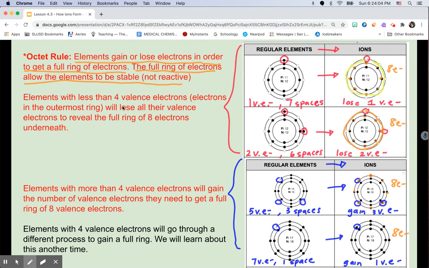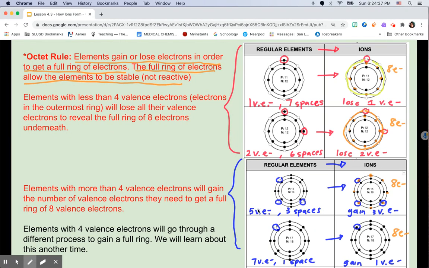And elements that have less than 4 electrons in the outermost ring will lose all of their valence electrons because underneath they'll have a full ring, and it's easier to get rid of those few than to find 7 more, 6 more, or 5 more. Elements that have a lot of valence electrons, or more than 4 valence electrons, will gain the number of valence electrons they need to get a full ring of 8, right?